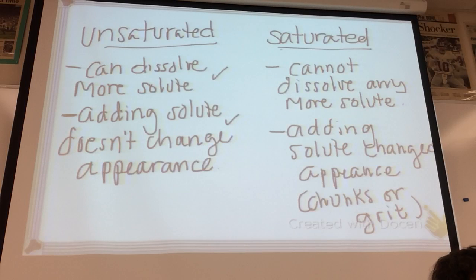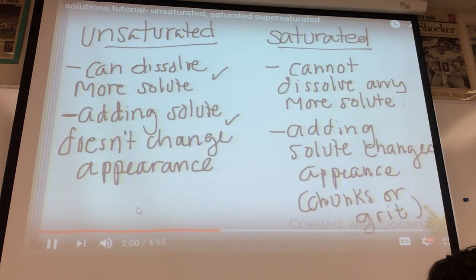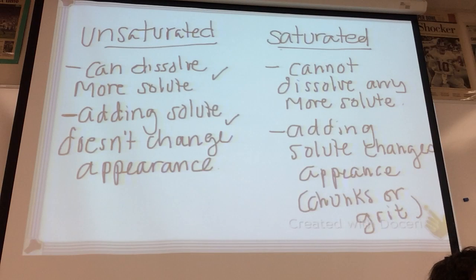In a saturated solution, you cannot dissolve any more solute. Therefore, when you add solute, it's going to change the appearance. You'll see chunks or grit. Now, no matter how long you stir a saturated solution, if you don't change the temperature, those chunks or grit are not going to go away. One more way to tell you've got a saturated solution: you've reached the saturation point.